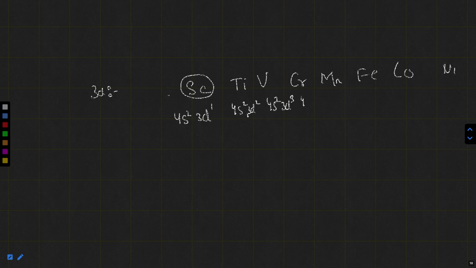Now this is 4s2 3d5. I think this was the exception. Okay, no, this was not the exception. So let me see. What was the electronic configuration of chromium? Was it the exception? Just try to remember it. Okay. So I think it was an exception.